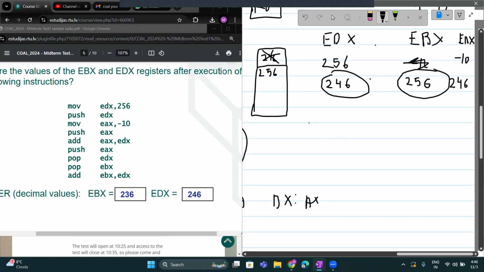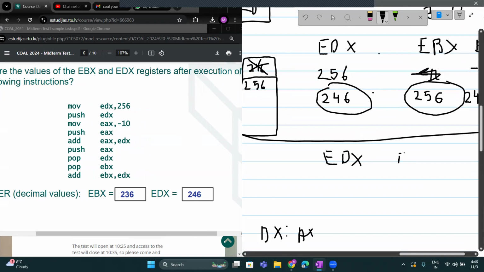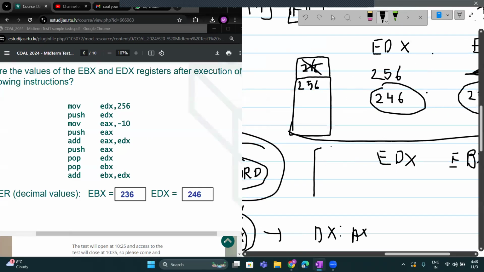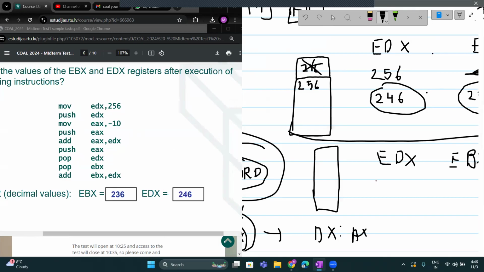Let's try this again. So EDX, EBX. We just have to write what's going on in the registers and in the stack. We have to update with every single instruction. So move 256 to EDX. We got 256 here. Push EDX. So we got 256 on top of the stack.